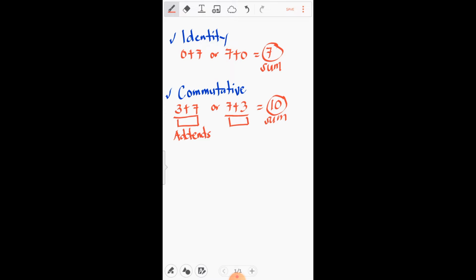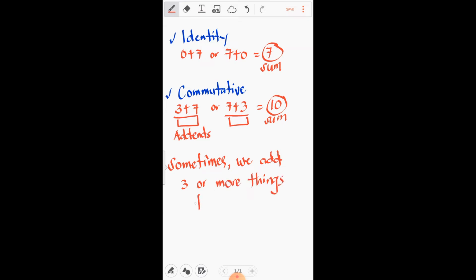Now, we still have one more property of addition, because sometimes we add 3 or more things.